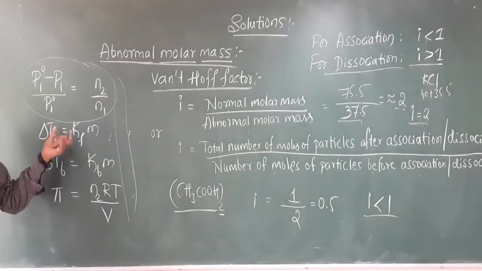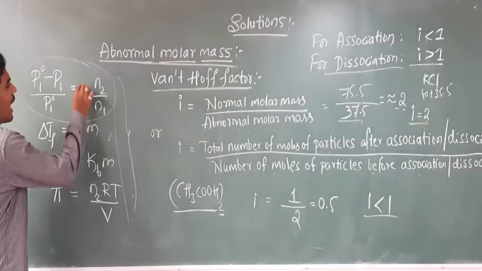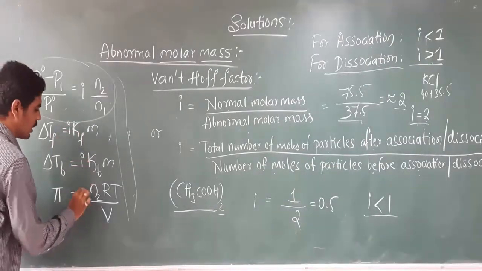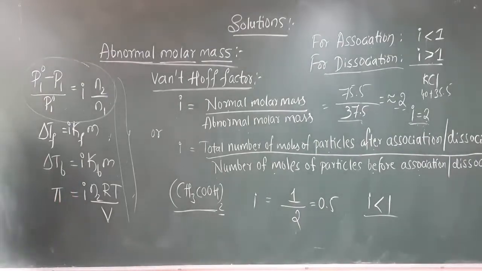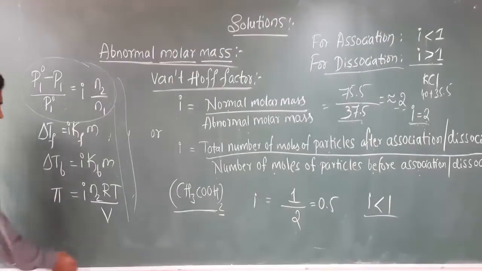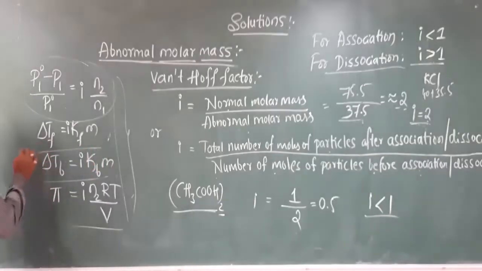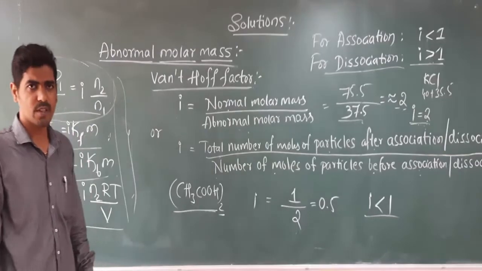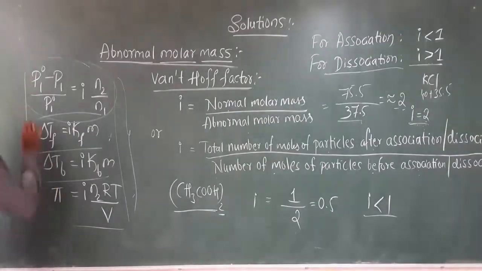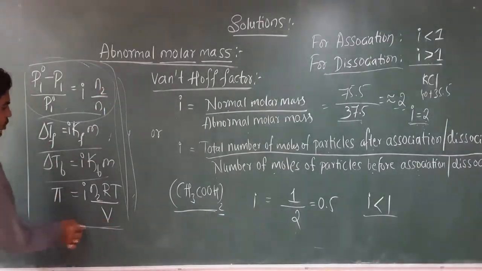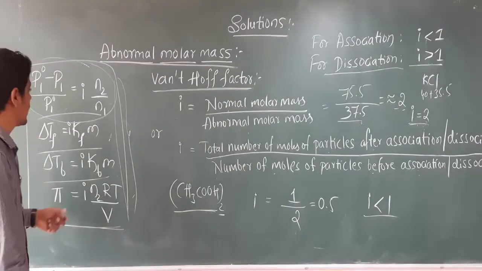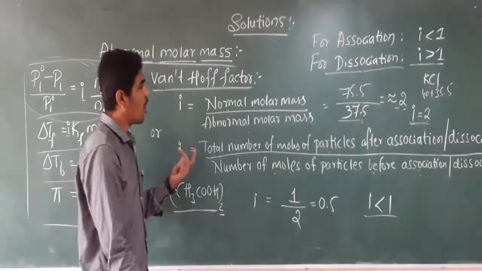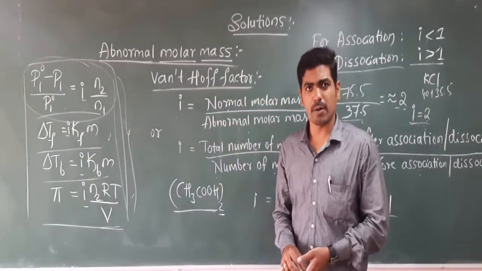So here Van't Hoff introduced the i values in these formulas. If you substitute the value of i in these formulas, then you will get the approximate molar mass of the solute. So these are the modified equations of colligative properties, which include the Van't Hoff factor. So this is all about the abnormal molar mass.